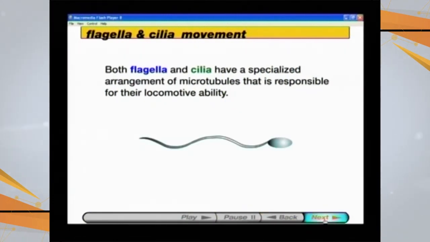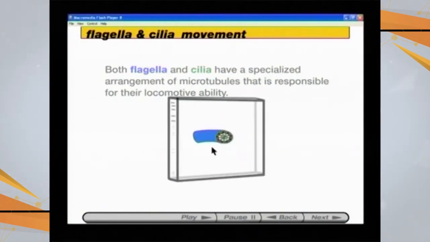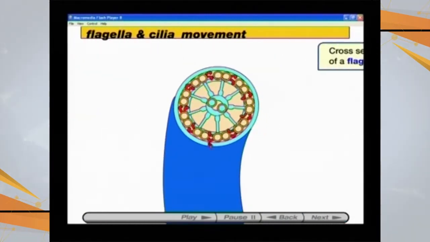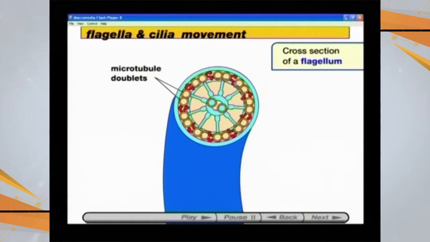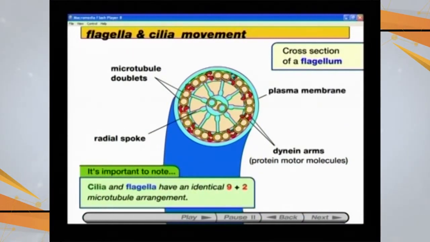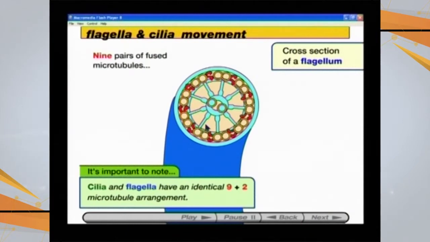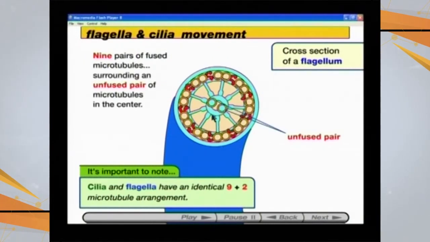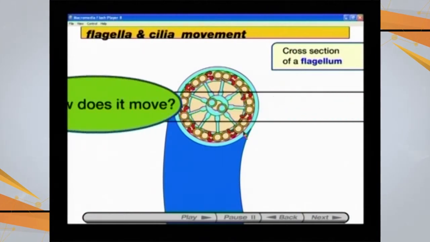Looking at the detail, if we take a cross section from the middle, these are the 9 duplets of microtubules in the periphery, and the two are there in the center, like a radial spoke. They are covered by the plasma membrane. So these are the 9, with 2 in the center, the 9 plus 2 arrangement of microtubules. All of these are unfused.